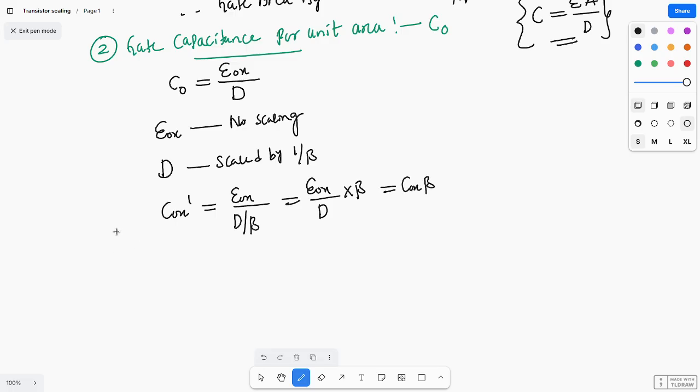So what is the scaling factor for gate capacitance per unit area? COX will be scaled by beta. This is nothing but gate capacitance per unit area.